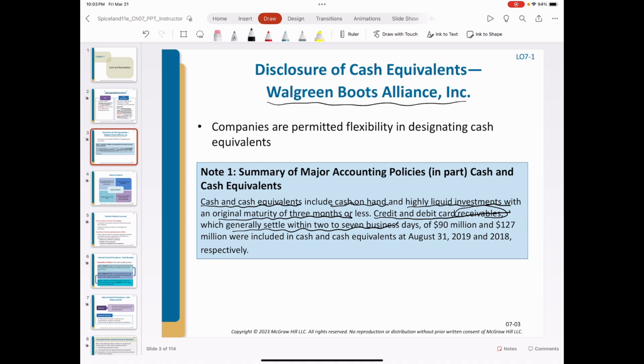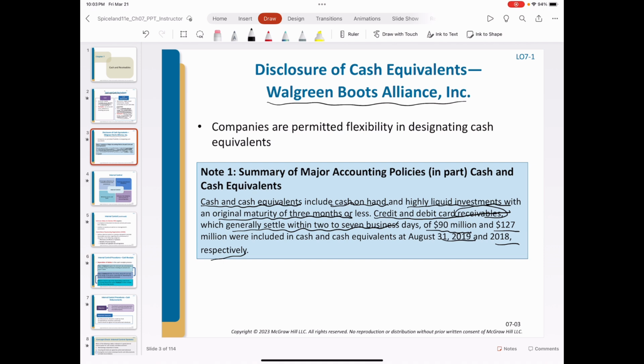The amount was 90 million, 127 million in the past 2 years. So these receivables represent the credit card balance. When the customer visits Walgreens, they use a credit card to make a purchase, and the credit card company usually withholds the amount for a few days, and then the payment will be sent to Walgreens.